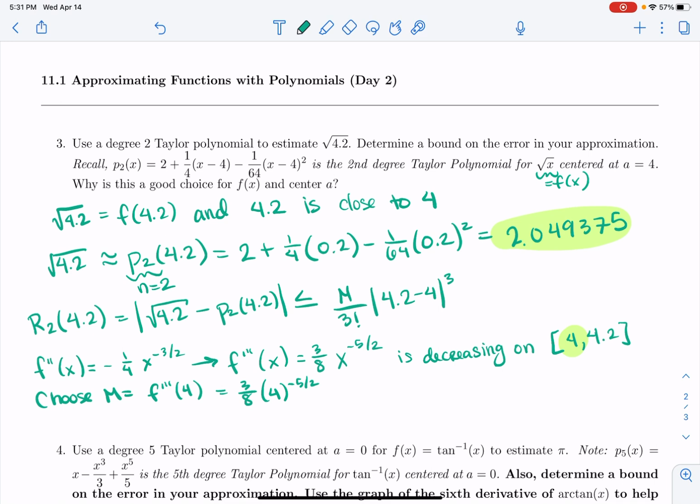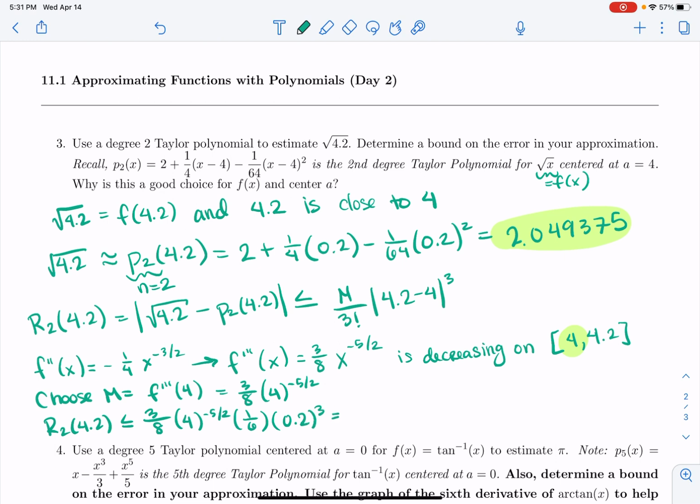Okay. So then R2 of 4.2 is less than or equal to 3 over 8 times 4 to the minus 5/2 times 1 over 6 for the 1 over 3 factorial, and then times 0.2 cubed.